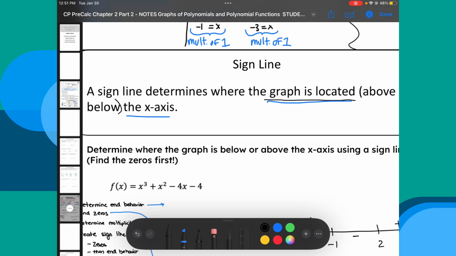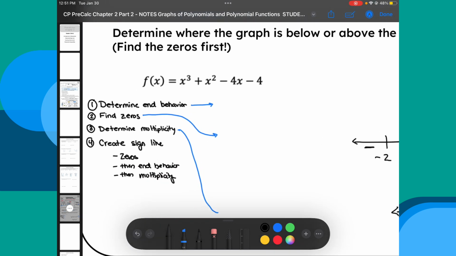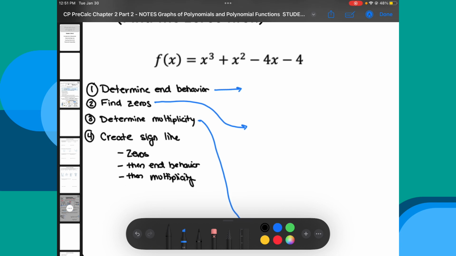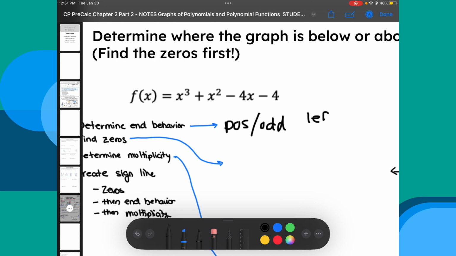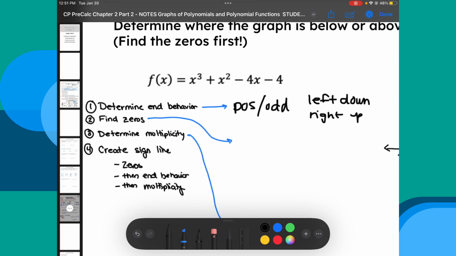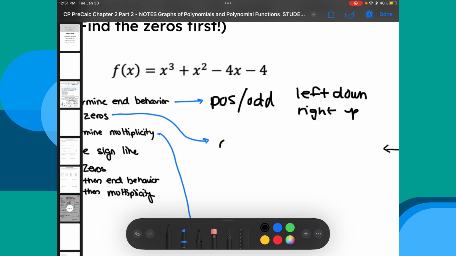So this is when all the things that we have done come together. So the first thing that we're going to do is determine the end behavior. So here I have a positive leading coefficient and I have an odd degree. That means that the left-hand side is going to be down and the right-hand side is up. I'm going to then find my zeros. So I'm going to set the polynomial equal to 0.